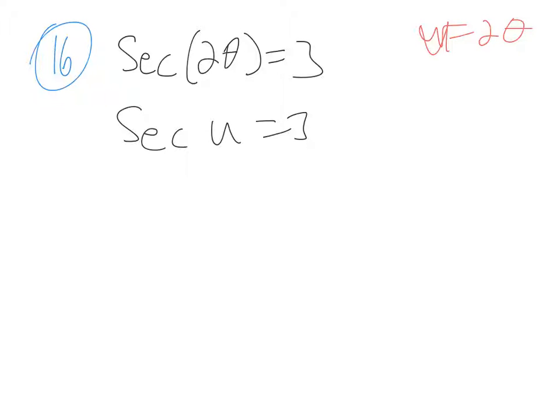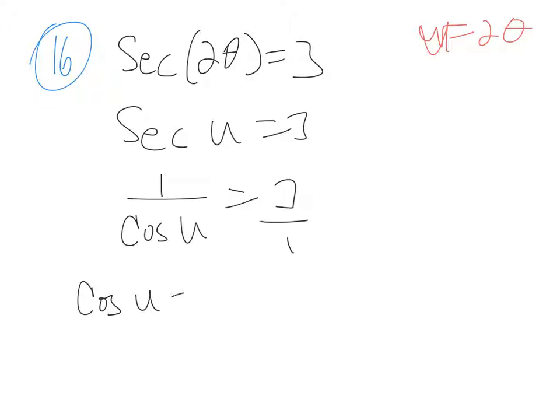And then I don't like working with secant if I don't have to. I know secant's the same as the reciprocal of the cosine. If I want to solve this for cosine, I can just treat this like a proportion, and if we do the cross products, the cosine of u equals 1/3, and that should be fairly easy to solve. 1/3 isn't one of the nice pi over 4, pi over 3, pi over 6 values.